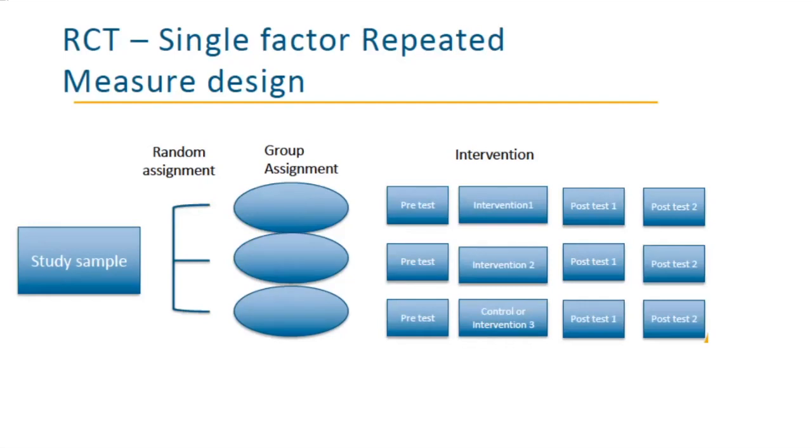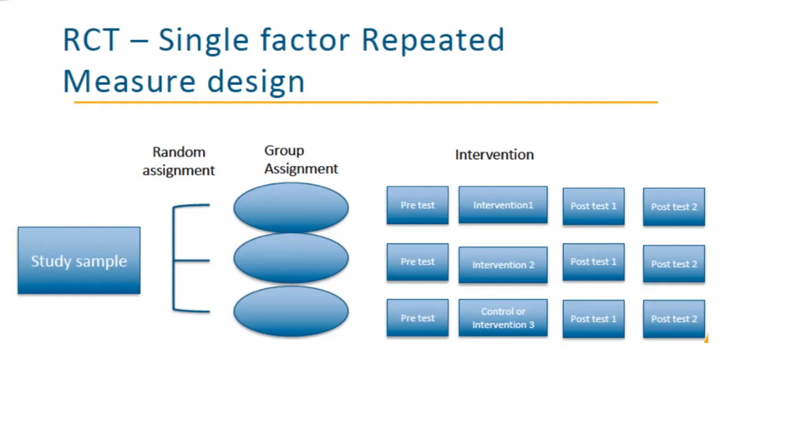Okay, this is something similar, but it's a repeated measure. Okay, it's still the single factor, meaning it's still the one intervention, the one intervention time period. You've got the 3 groups, or possibly the 2 groups, because you can apply this repeated measure to a 2-group assignment.